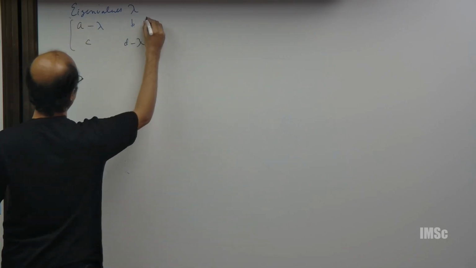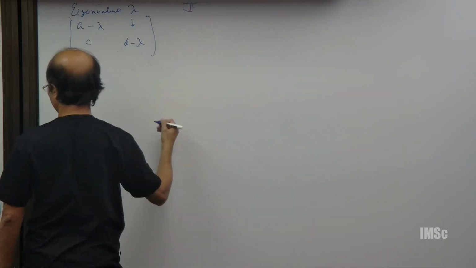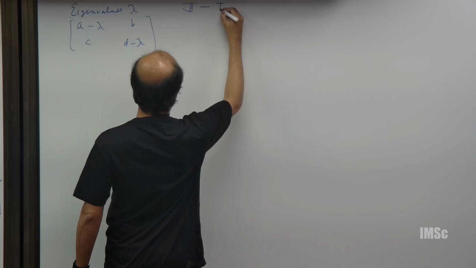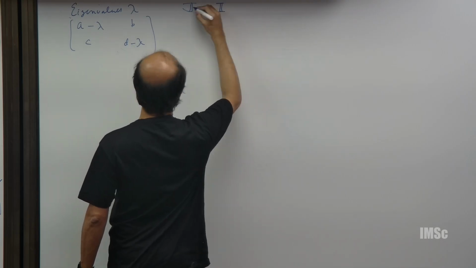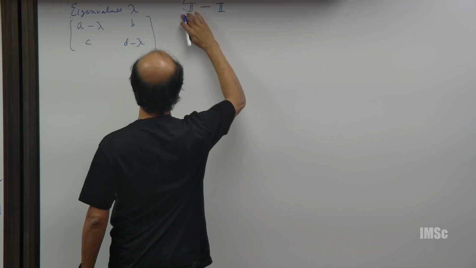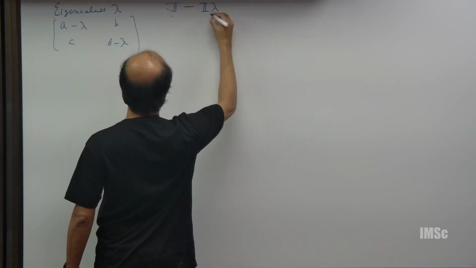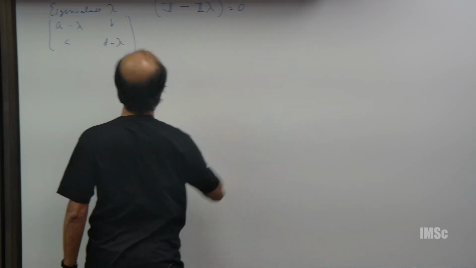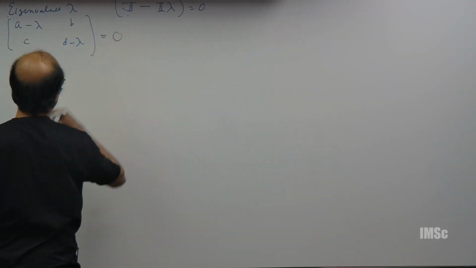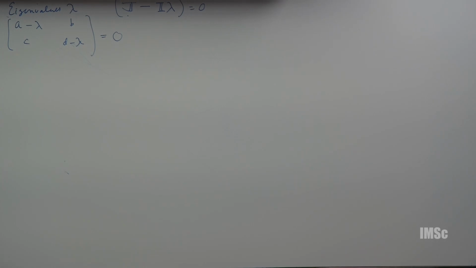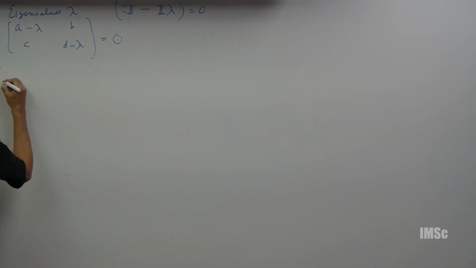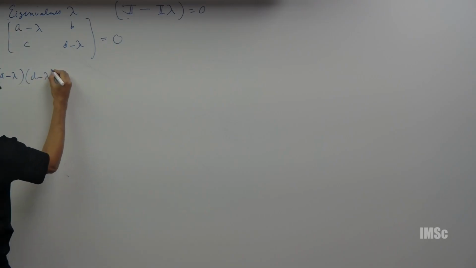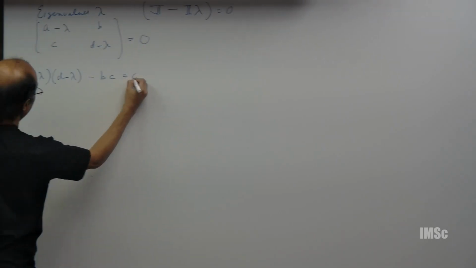This comes from the fact that I am trying to solve J minus I lambda. I am basically solving this. So what do I get? A minus lambda times D minus lambda minus BC equal to 0.